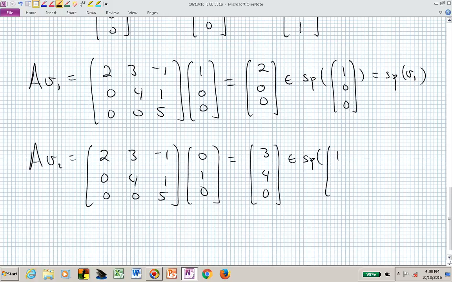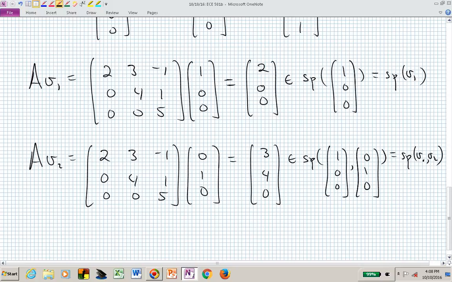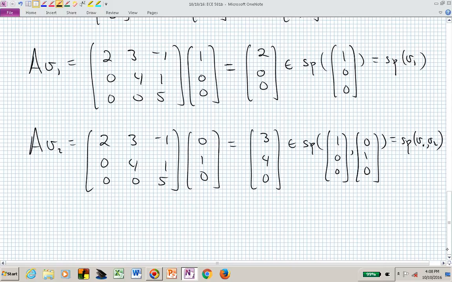So now you should see that as long as we have vectors V1 and V2, then we can represent this eigenvector. And so now AV2 lies in the span of two of our basis vectors, and you can sort of see this building up of dimension or vectors as we step down relative to this upper triangular matrix.